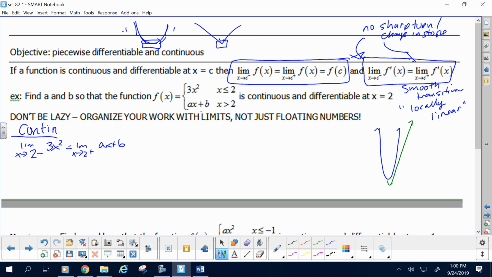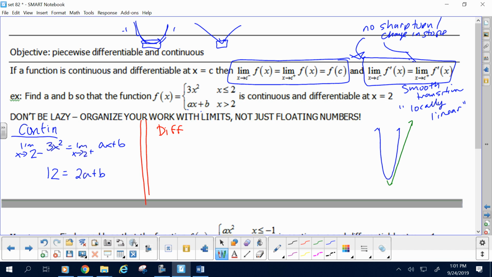When x is 2, the y value is all the way up to 12. The parabola leaves off at (2, 12). Now we need the line to meet it there. At 2, the line equation is 2a plus b. Certainly that's one equation, two unknowns, so we're not going to solve that alone. We need more. That's where the differentiability comes in.